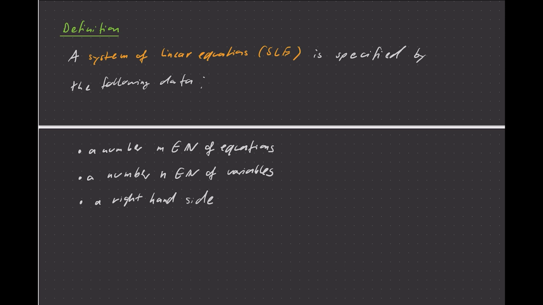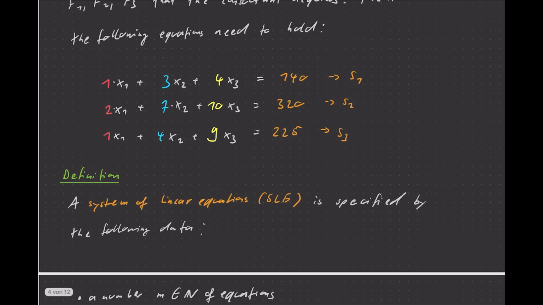A so-called right-hand side, call that beta i, for i in M, for each equation. And finally, we need the equations themselves, and those are characterized by these colored numbers here, right?